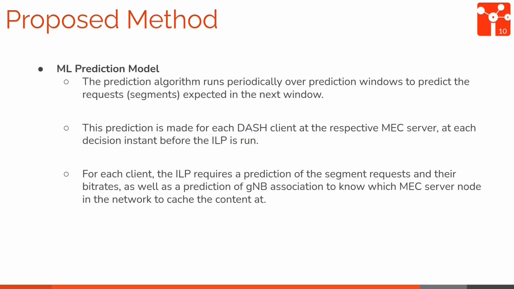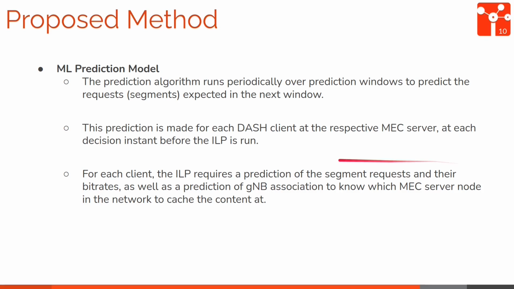In the proposed method section, the authors first discuss the machine learning prediction model. The prediction algorithm runs periodically over prediction windows to predict the requests expected in the next window.